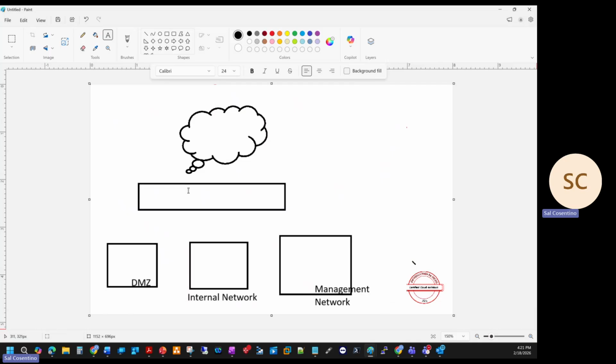We have our firewall and our internet. We call this the three-legged firewall.